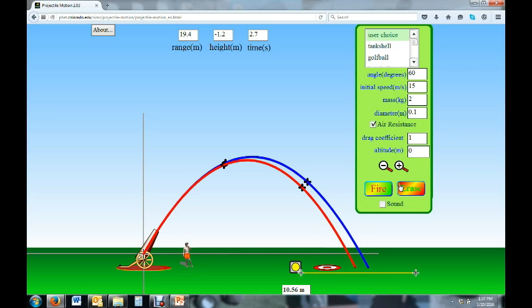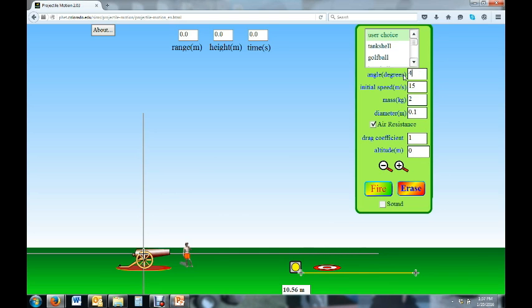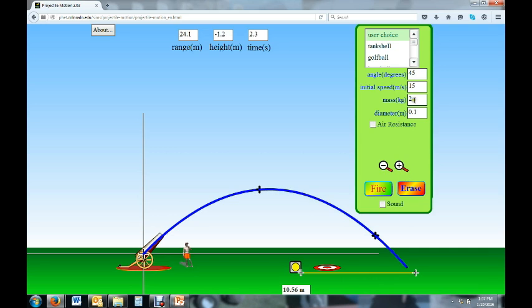Right? The other thing to notice, I'm going to go back to a 45-degree angle here. I'm going to erase that really quick. 45, fire it. Here we go. Now if I turn air resistance back on, just as we saw before, it does go less high and not as far. But now let's try decreasing the angle and see what happens.